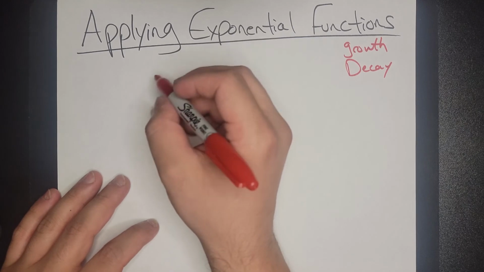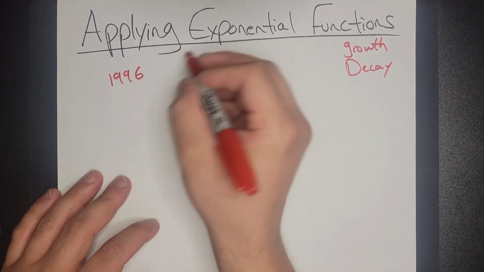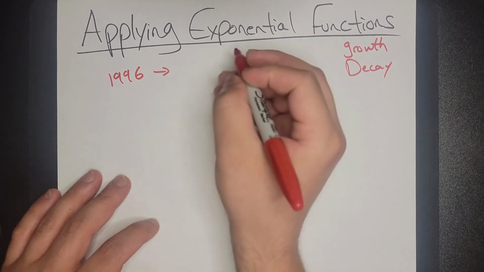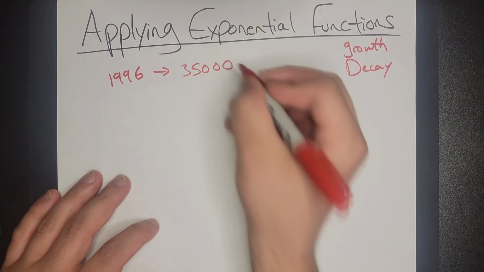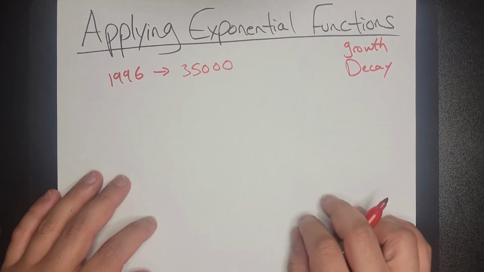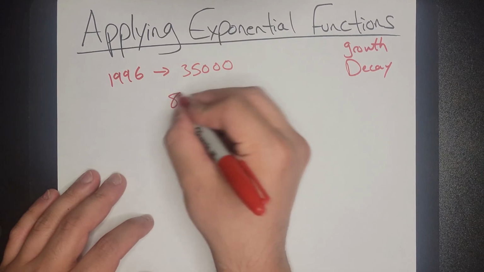We're going to say that in the year 1996 we have a population of 35,000 in a city, right? And it has an annual growth rate of 8%.